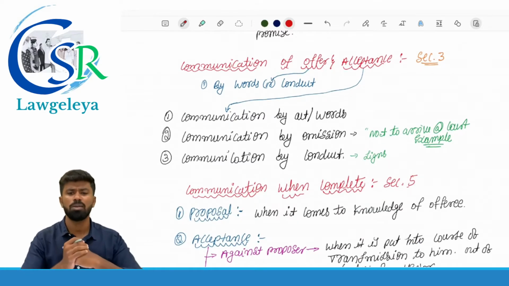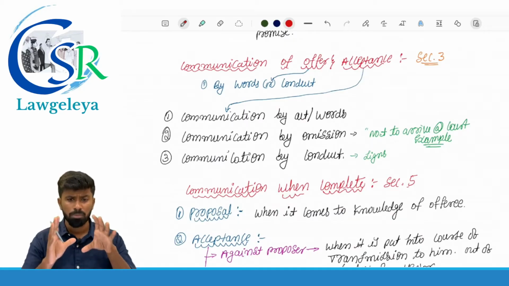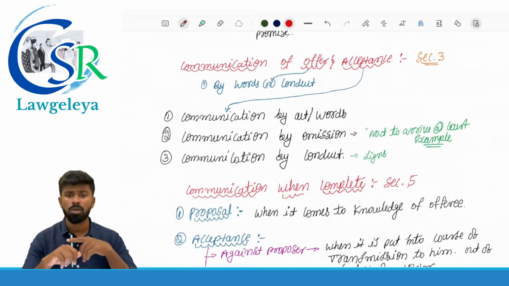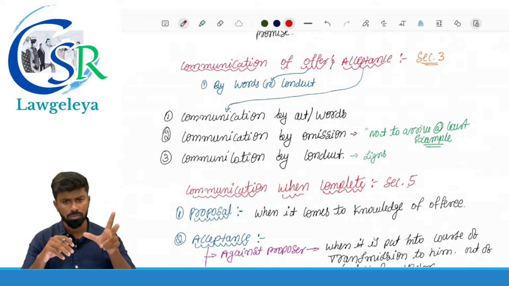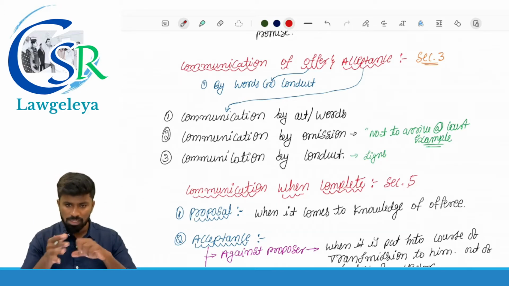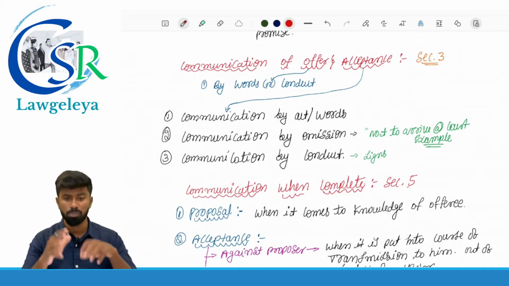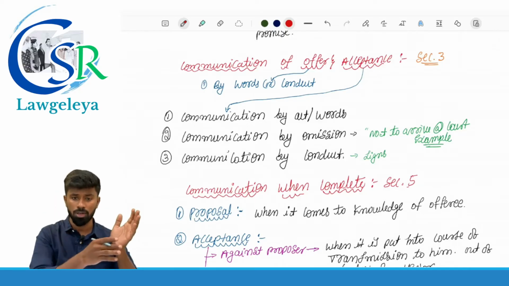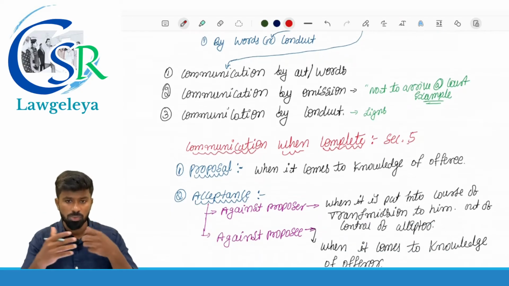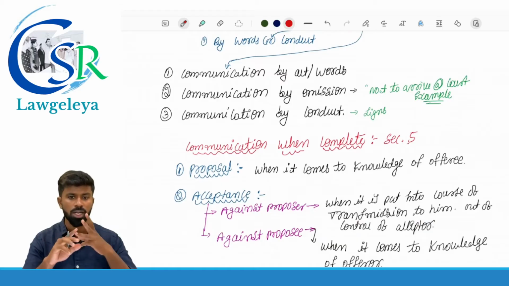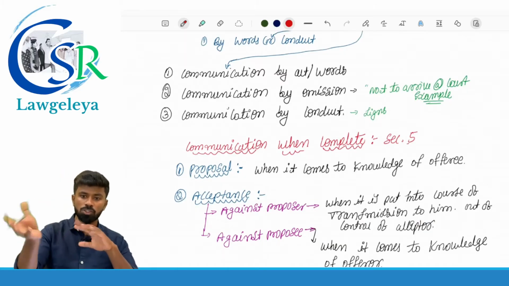Next one, section number 3, communication of offer and acceptance. Sir, how can the offer be communicated? The offer can be communicated either by words or by conduct: oral words or written words, or by actions. The acceptance can be communicated by the offeree to the offerer by act, that is words, expressed or implied. Second one, communication by omission. Remember, there is an example, not to arrive at the court.